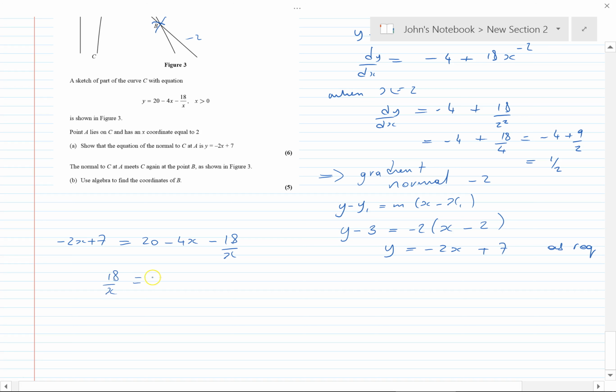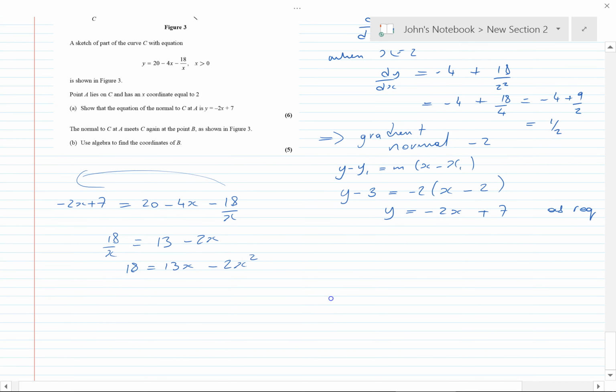Multiplying by x, 18 is equal to 13x minus 2x squared.